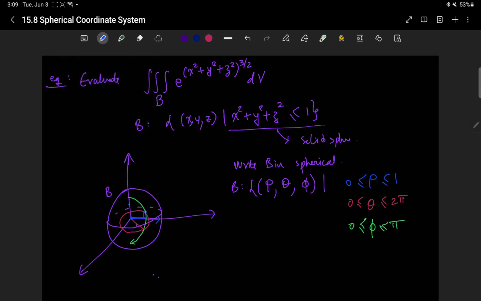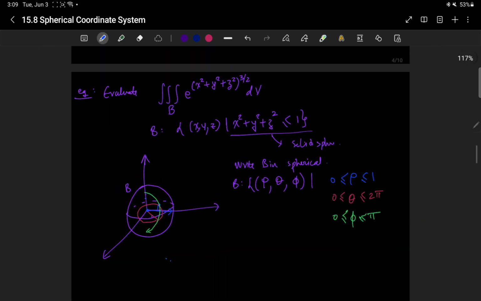So converting this to the spherical coordinate system, this becomes e raised to, now in spherical coordinates, x squared plus y squared plus z squared is rho squared. So this becomes rho squared to the 3/2. Then we have the rho squared sine phi, which we always need, and d rho d theta d phi.